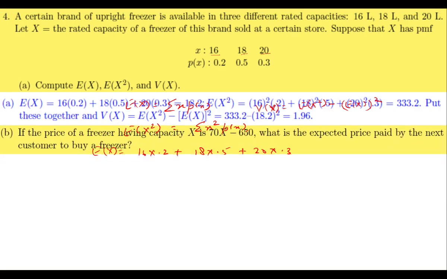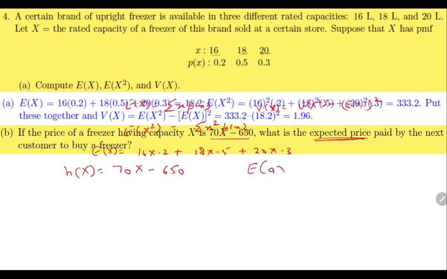The next part says that if the price of a freezer having capacity x is 70x minus 650, what is the expected price? So they are asking the expectation of 70x minus 650, which is a function of x. So h(x) is a function of x, which is 70x minus 650.